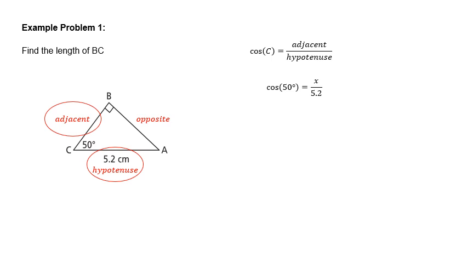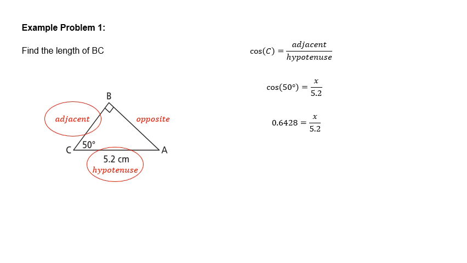We fill in what we know. We know the angle is 50 degrees. We know the hypotenuse is 5.2. And because we're looking for the adjacent, we'll fill it in as x for now. Our first step to solve this is the same as if we were solving for a side using tangent. We take the cos of 50 degrees, which is 0.6428, and that equals x over 5.2.